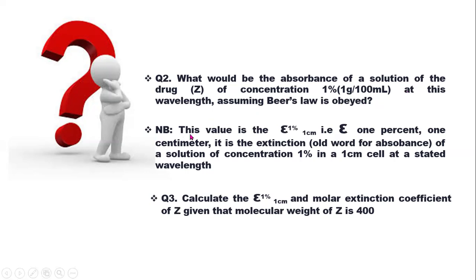You should take note that the value we are going to obtain is called the E1% 1 centimeter. It is the extinction, which is an old-fashioned word for absorbance, of a solution of concentration 1% in a 1 centimeter cell at a stated wavelength.